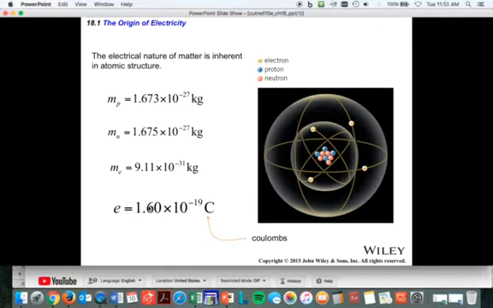And notice the charge on a proton and the charge on an electron are identical. Their masses are completely different. A proton is supermassive, about 1.6 times 10 to the negative 27 kilograms. An electron is roughly 1 times 10 to the negative 30th.